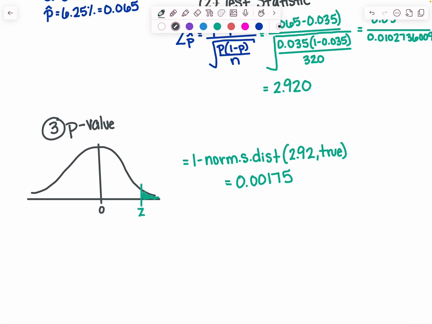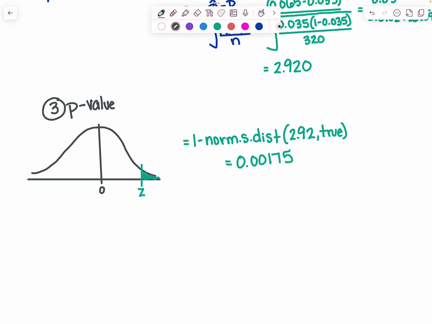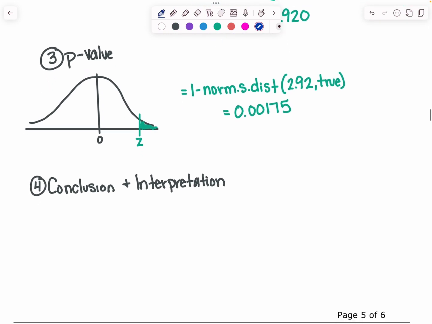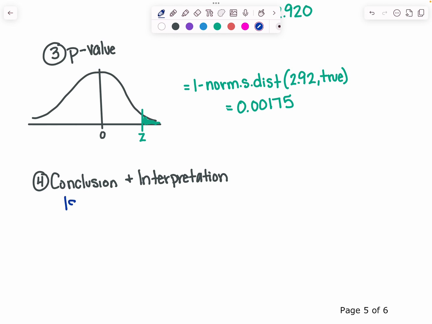All right, and now for the really important question. In our conclusion, and then after we draw our conclusion, we're gonna write out the interpretation. But the oh so important question for the conclusion is, is the p-value less than the alpha?